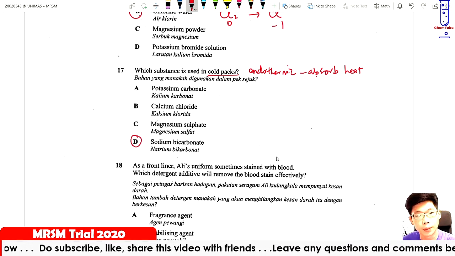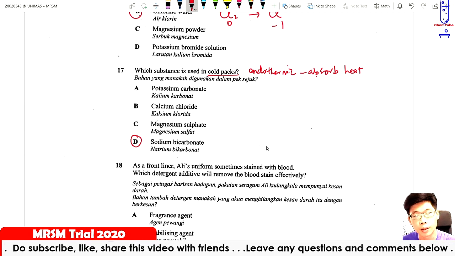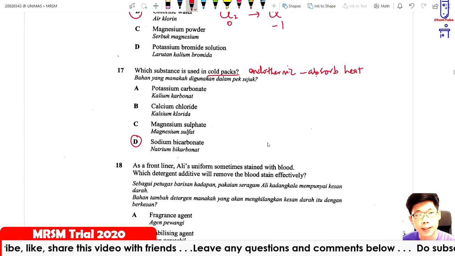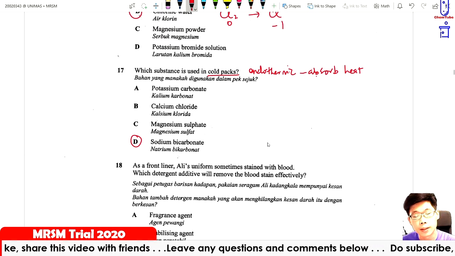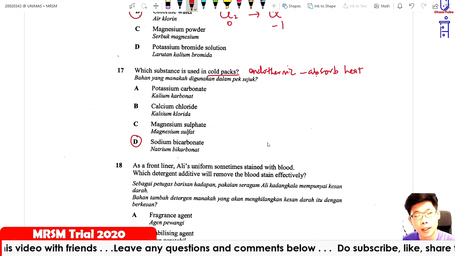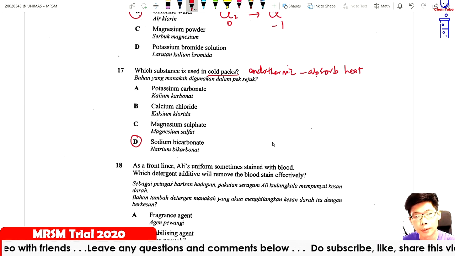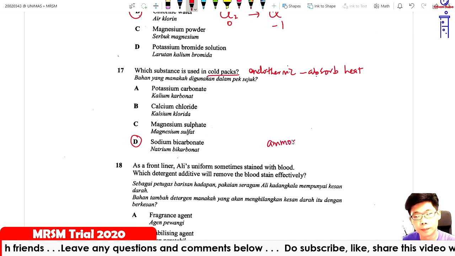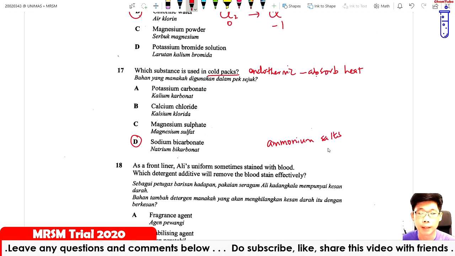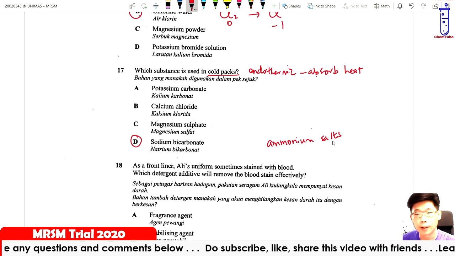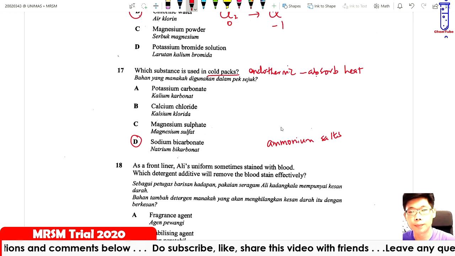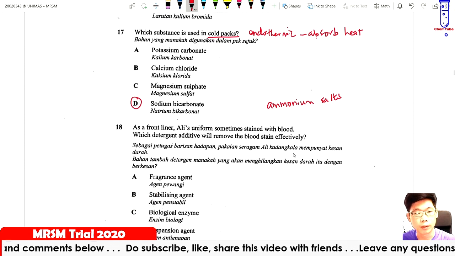When it decomposes, it absorbs heat and becomes a cold pack. Besides sodium bicarbonate, normally if you see ammonium salts, for example ammonium chloride, ammonium sulfate, ammonium nitrate, all can be used as a cold pack as well.